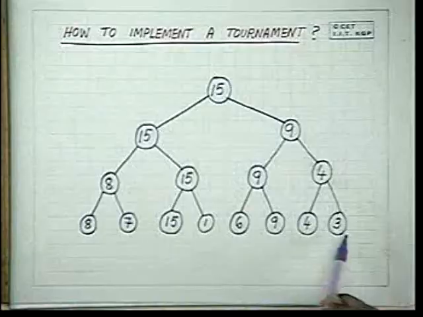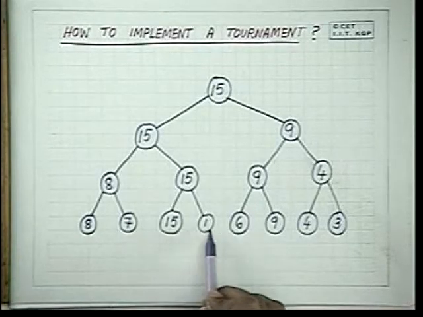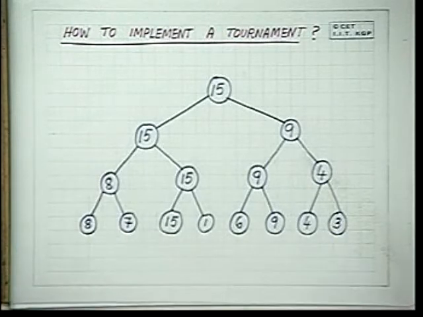So we come to the next question, how to implement a tournament structure. We can put our red elements, these are the elements 8, 7, 15, 1, 6, 9, 4, 3, into an array. And then we can set up the tournament.